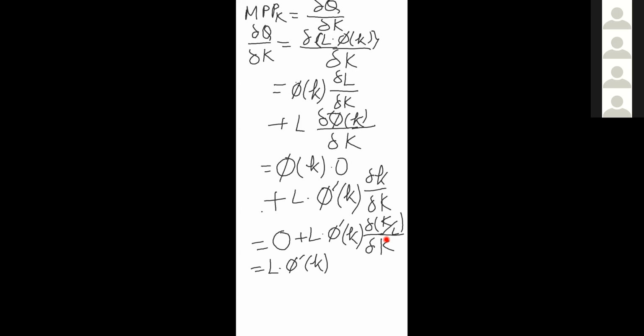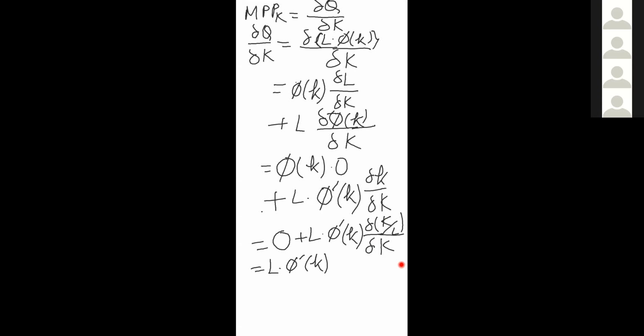What is the differentiation value of this term? Can you tell me? Here 1 by L is the coefficient of K. Are you hearing me? Yes, ma'am. So here 1 by L is the coefficient of K. So what is the differentiation value of this term?